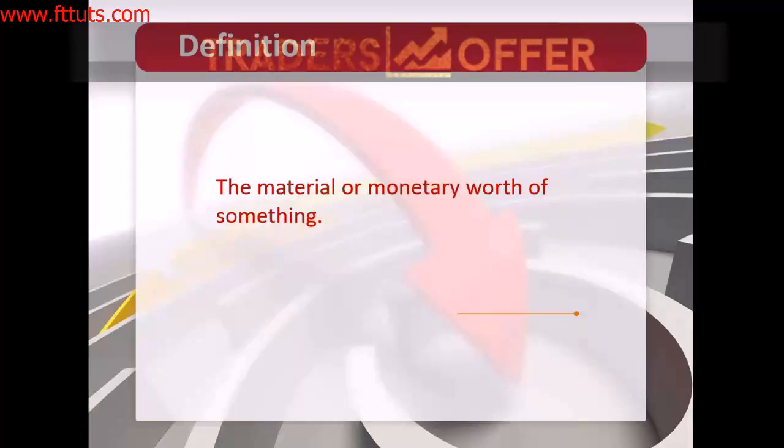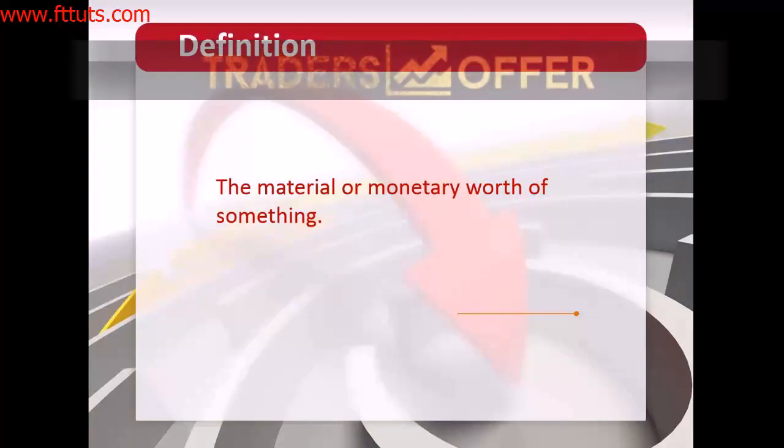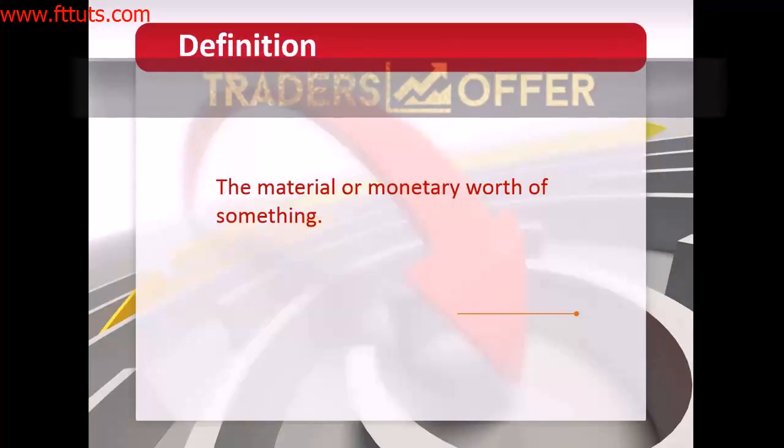And I talked about this a little bit in our first lesson when we discussed how different market participants may have a completely different perspective on value. Someone may see a price as a steal, someone else may think of that price as very expensive.